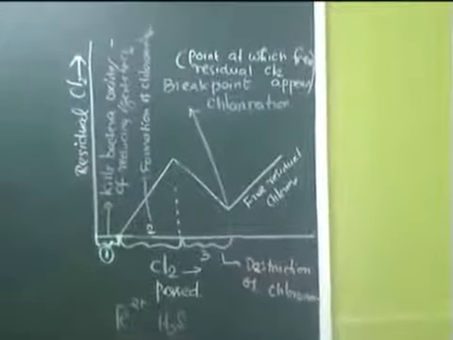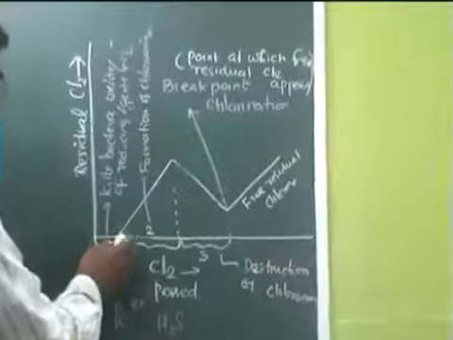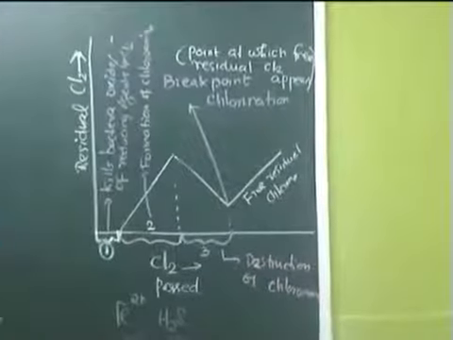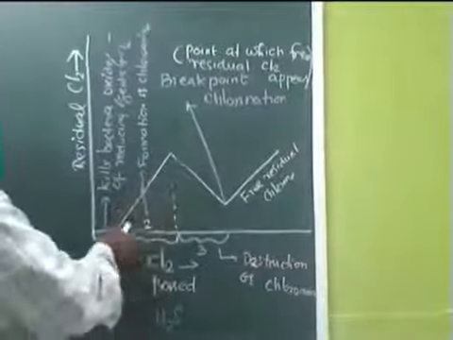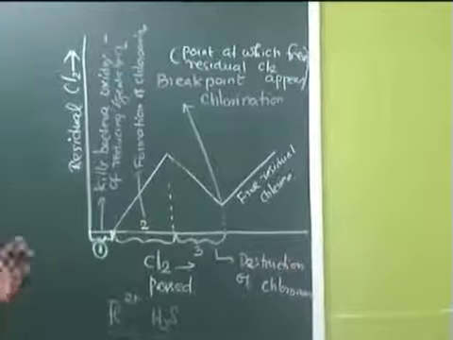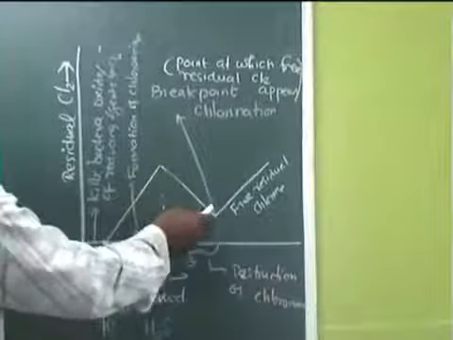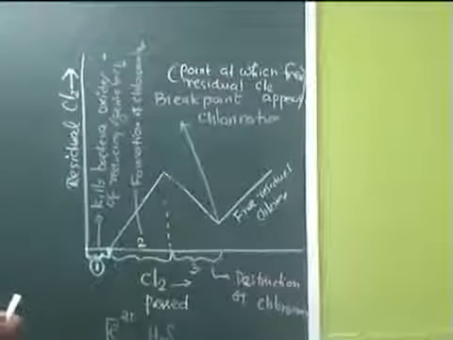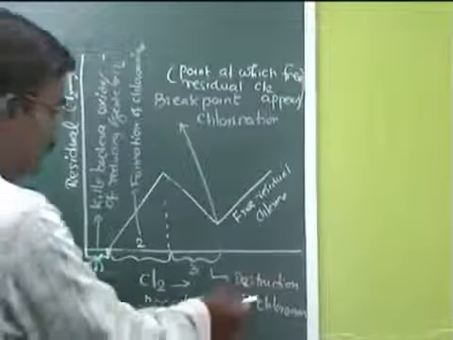So it is used completely for that purpose, so no chlorine is left over; residual chlorine is 0 at this level 1. When we pass chlorine further, the residual chlorine increases due to the formation of chloramine, and after that there is a drop because the chlorine which we are passing is used for the destruction of chloramine and other chloro compounds formed.